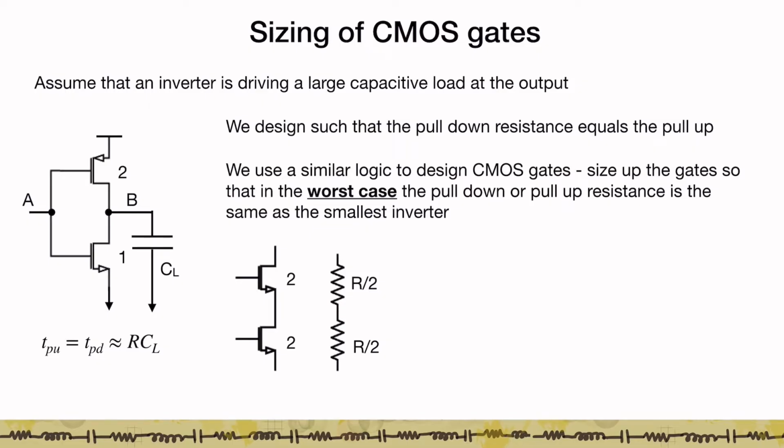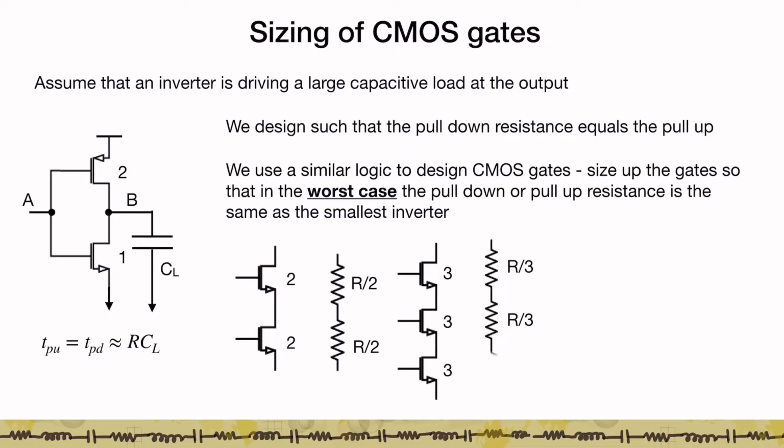So suppose I want to size up these transistors such that the pull down resistance of this path is R. Then I know that each of these transistors is going to offer a resistance, and these two resistors are in series, so I'll size them up such that each transistor offers an R by 2 resistance, which means that I'll size up the NMOS to 2 times that of this inverter and the other NMOS to also 2 times that of the inverter. So by doing this, what I've essentially achieved is the net pull down resistance of this path of 2 NMOS transistors is essentially R.